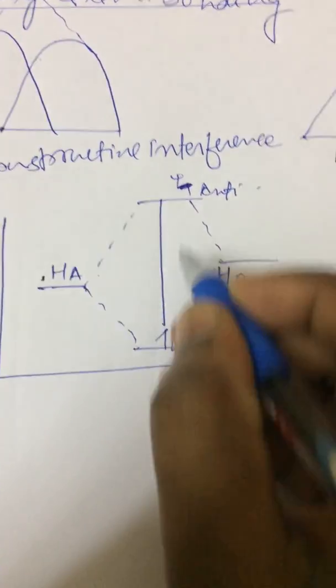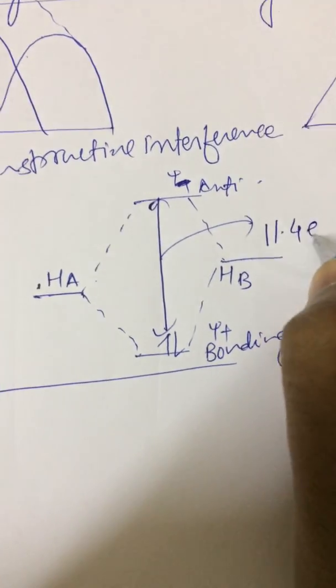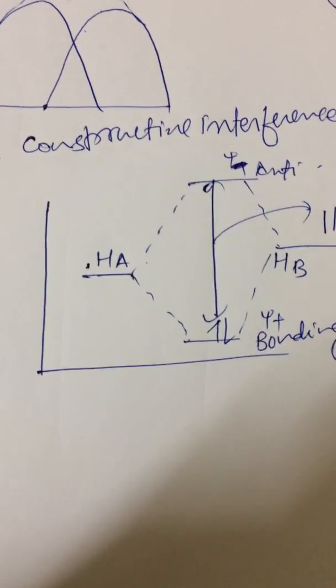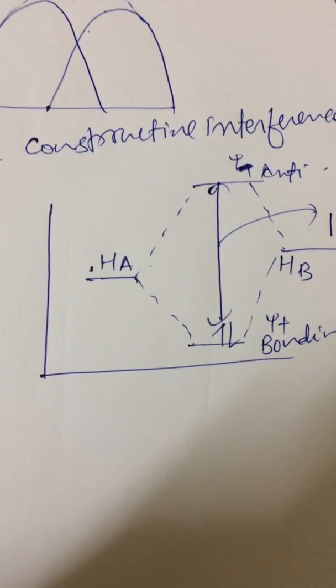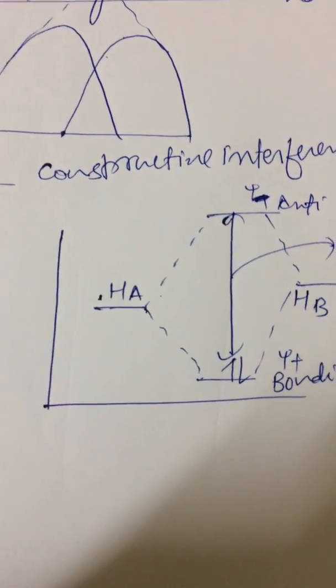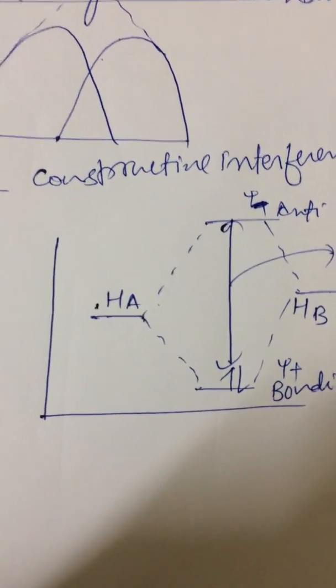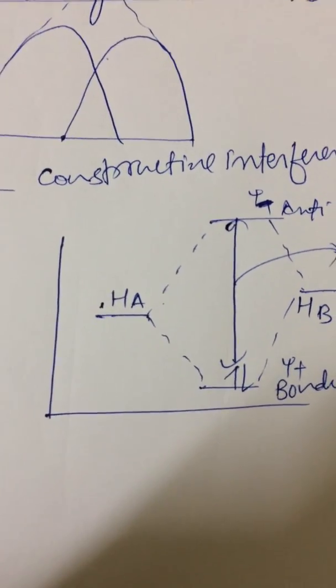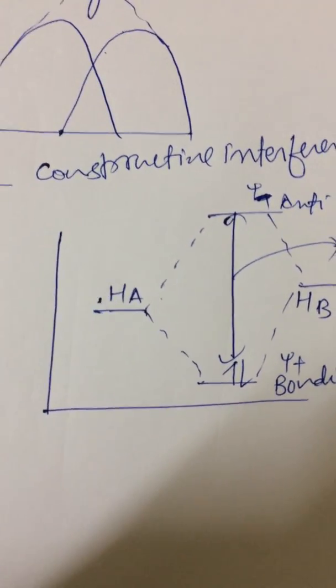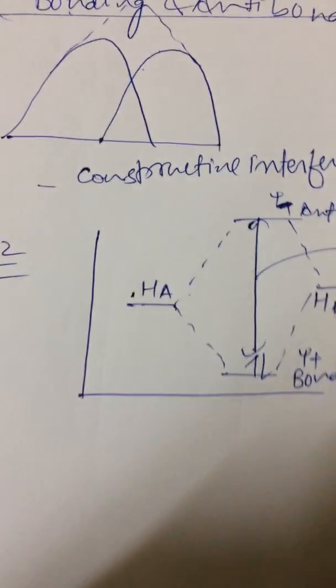And what is the band gap of this? Approximately 11.5 electron volts. So this is the MO energy diagram, molecular orbital energy diagram of the hydrogen molecule. Here we can also say that in homonuclear molecular orbitals the HA and HB energies would be the same.